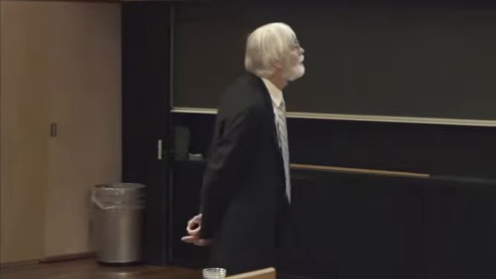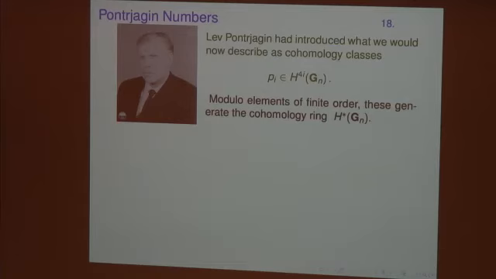And he showed that if you ignore elements of finite order, then these generate the cohomology ring. So every cohomology class can be expressed as a sum of products of Pontryagin classes, where product always means cup product.